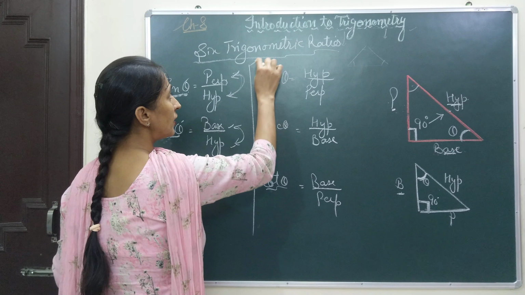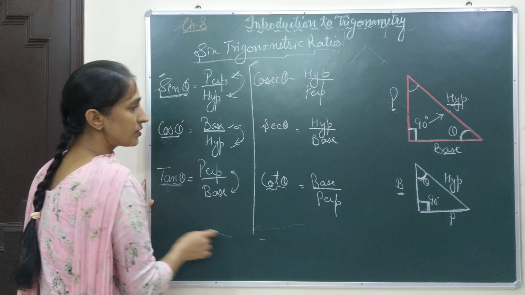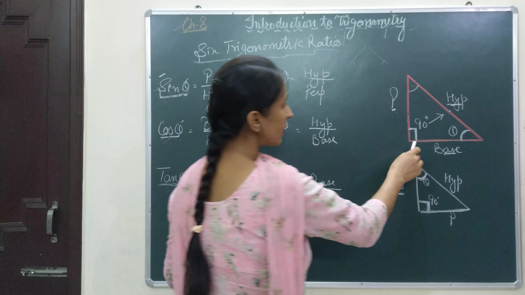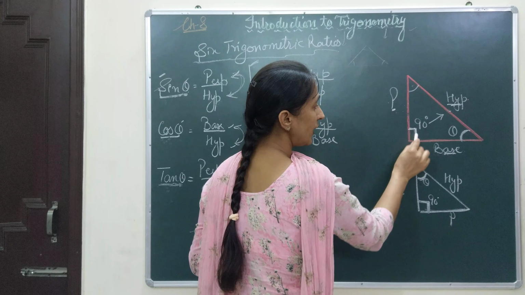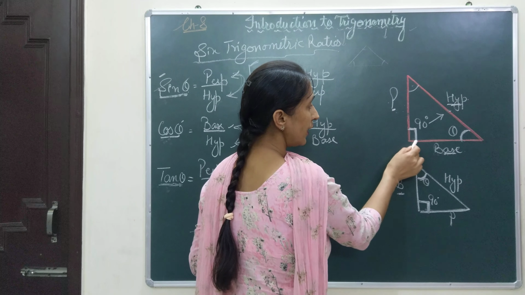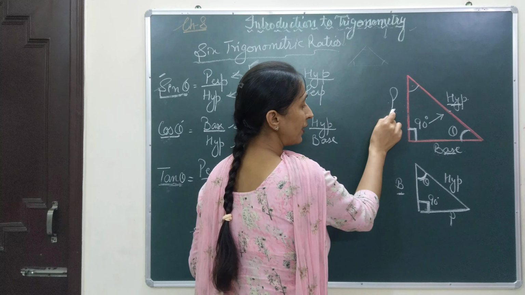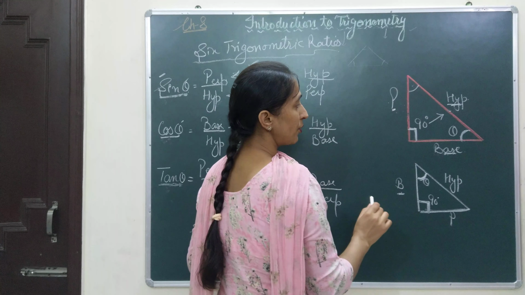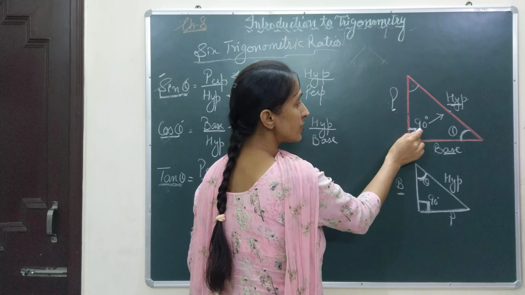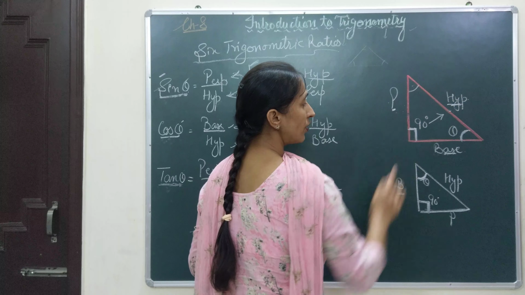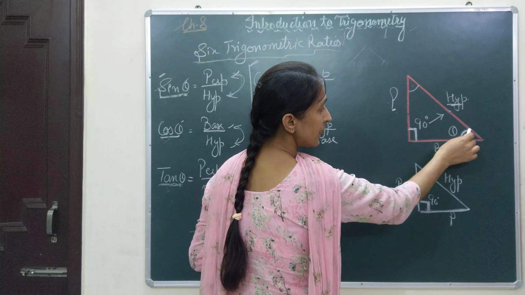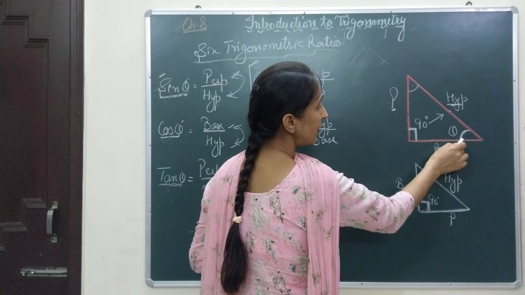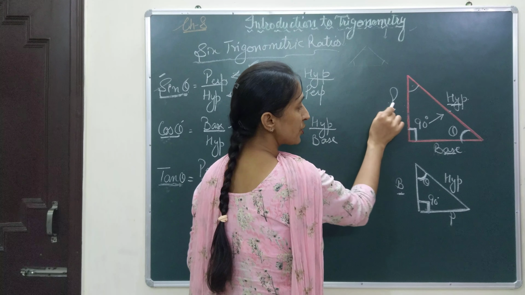So if you have learned what I have explained just now: first I told you that trigonometry works only in a right angle triangle. Then you have to judge where the perpendicular, the base, and the hypotenuse are. The side which is just opposite to 90 degrees is called the hypotenuse. When the angle of concentration theta lies here, the perpendicular will be just opposite to theta.